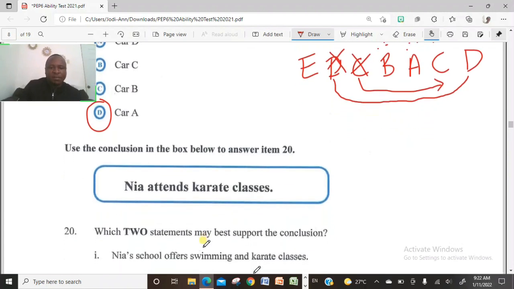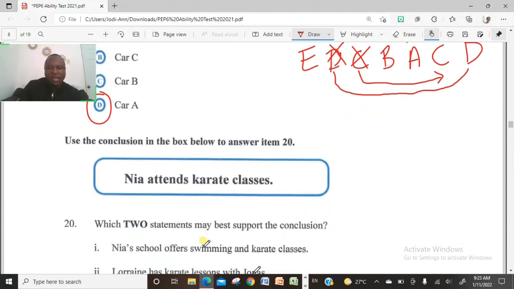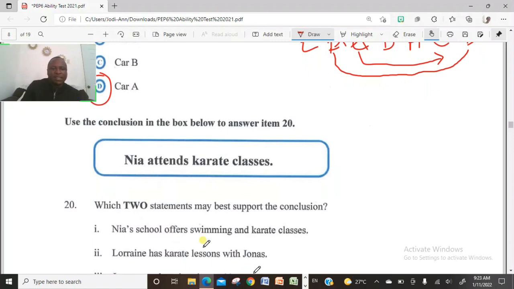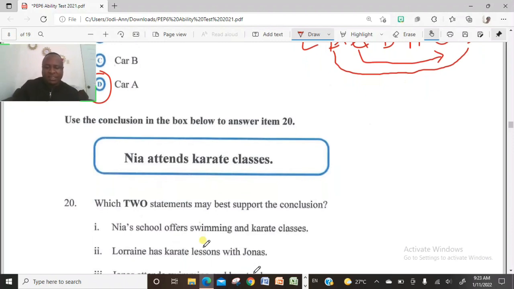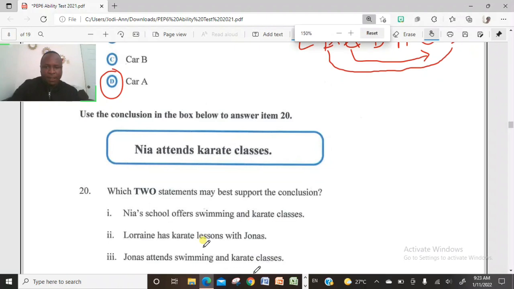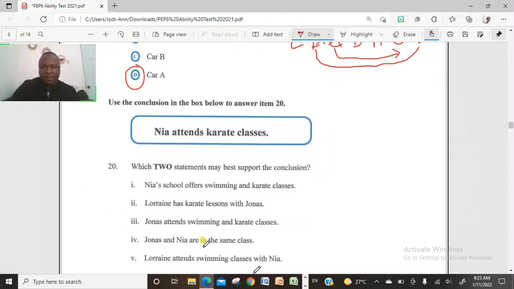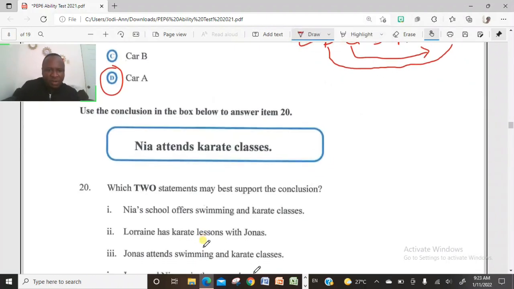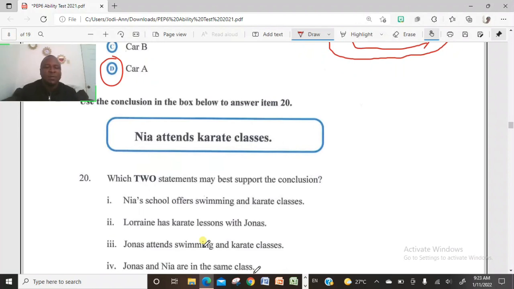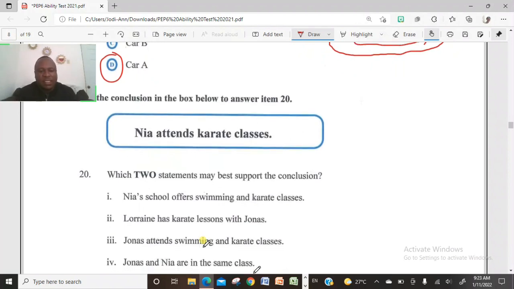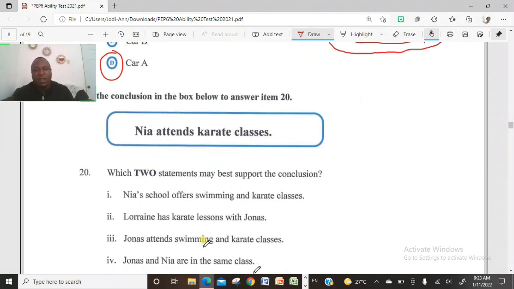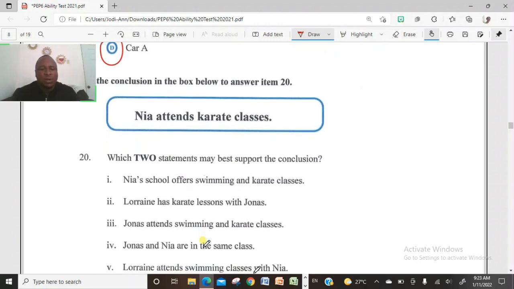Alright. Now it says use the conclusion in the box below to answer item 20. So Nia attends karate classes. We are sure of that. Now it says which 2 statements may best support the conclusion.